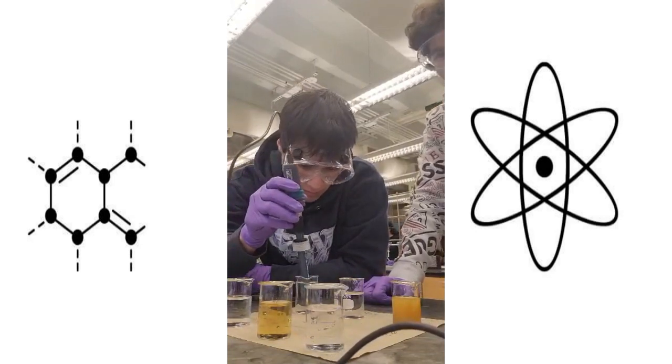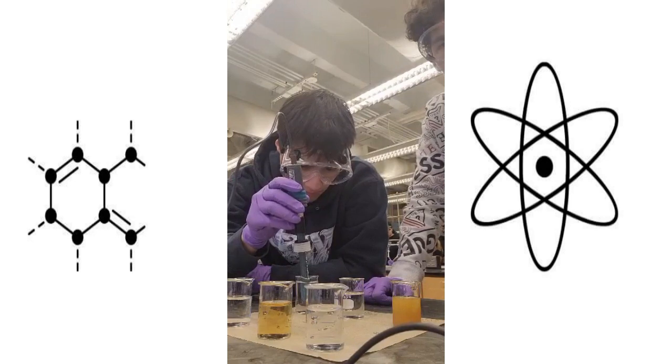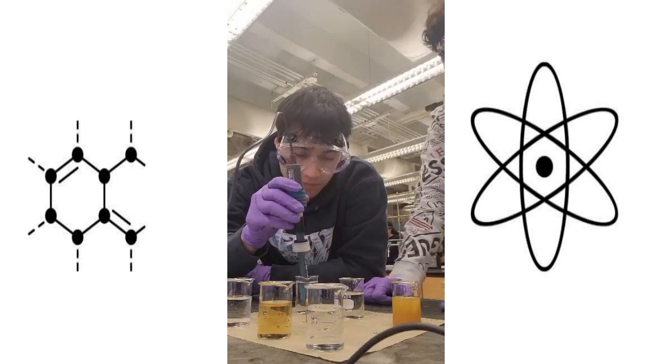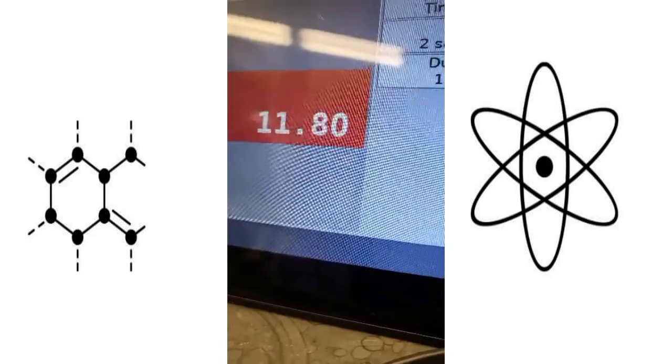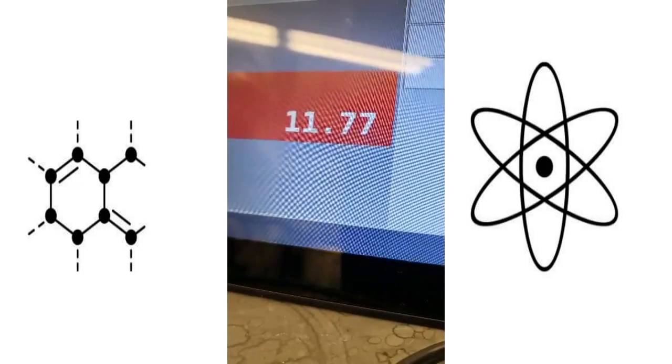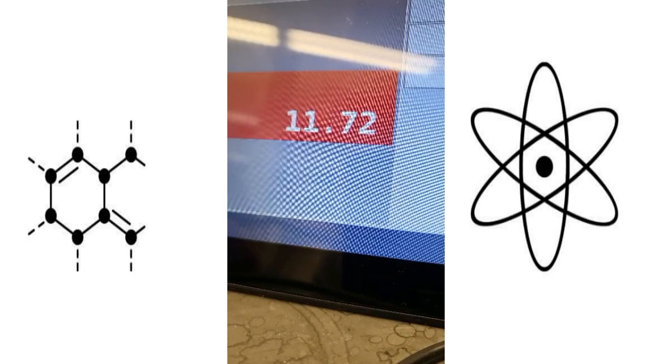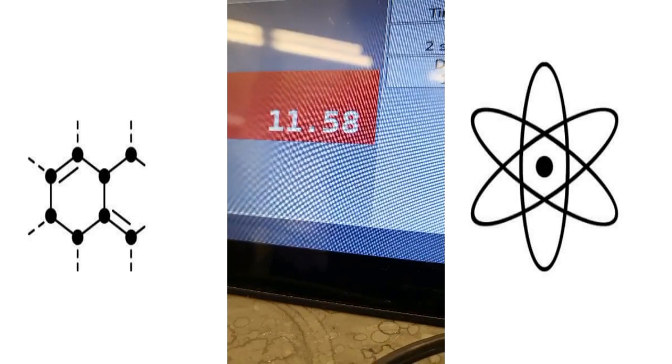Throw it in there. Alright, you can see a slightly lower number than what we saw on the NaOH. A little less than a 12. One, 2, 3. All right.